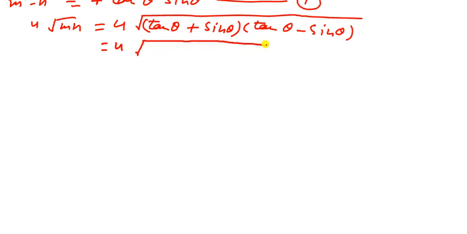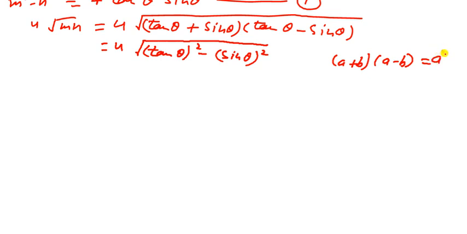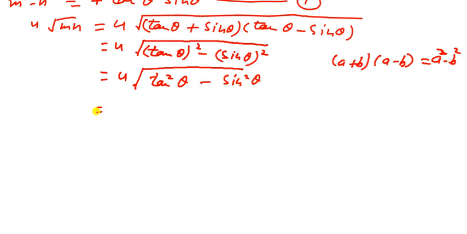Applying the formula a plus b into a minus b, that is a square minus b square, we get tan theta whole square minus sin theta whole square. So it is 4 under root of tan square theta minus sin square theta.